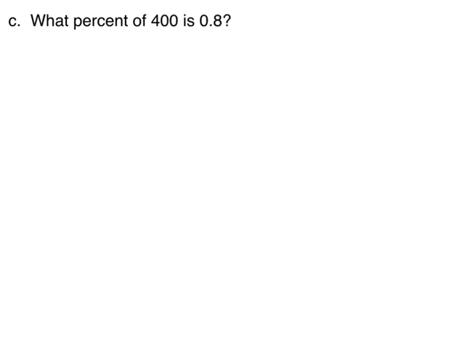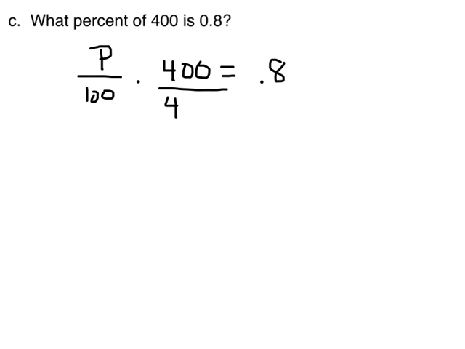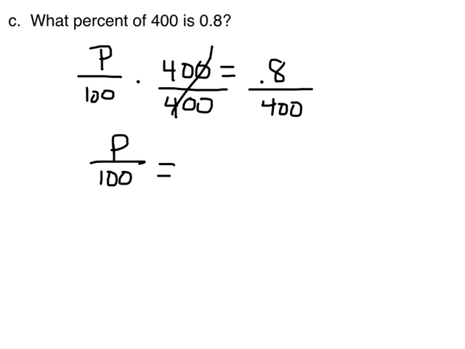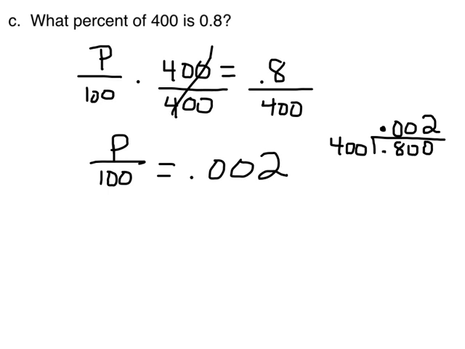Alright, in this one, what percent, we're not given a percent, so what percent of 400 is 0.8? Well, I'm going to need to divide by 400. P over 100 equals, and I'm going to divide 400 into 0.8, bring up the decimal, add some zeros, fill in my places, and 400 will go into 800 2 times. So 0.002, and then I'm going to say times 100.